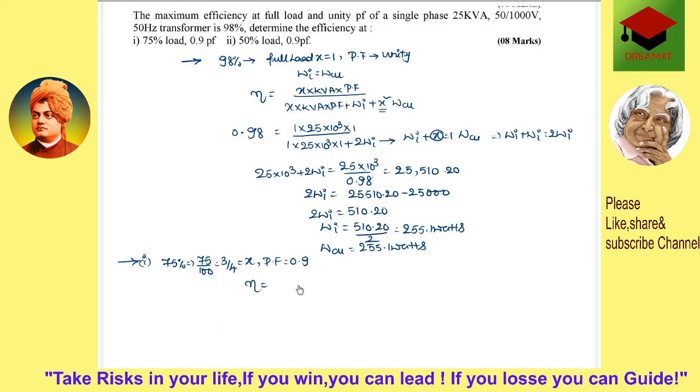So x is 3 by 4 into 25 into 10 cube into 0.9 divided by 3 by 4 into 25 into 10 cube into 0.9 plus iron losses, which you got as 255.1, plus 3 by 4 whole square into 255.1 you have to write. So this calculation I am leaving for you, you can do it.